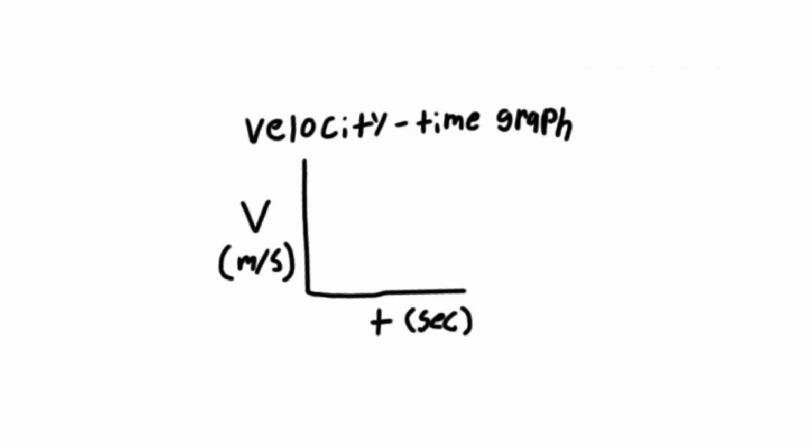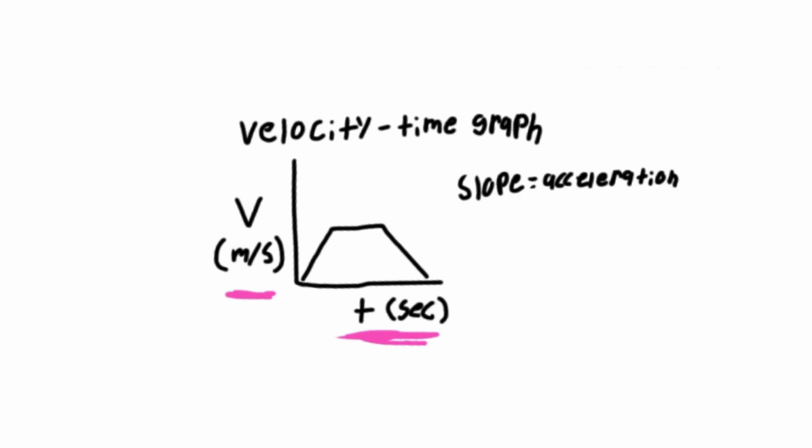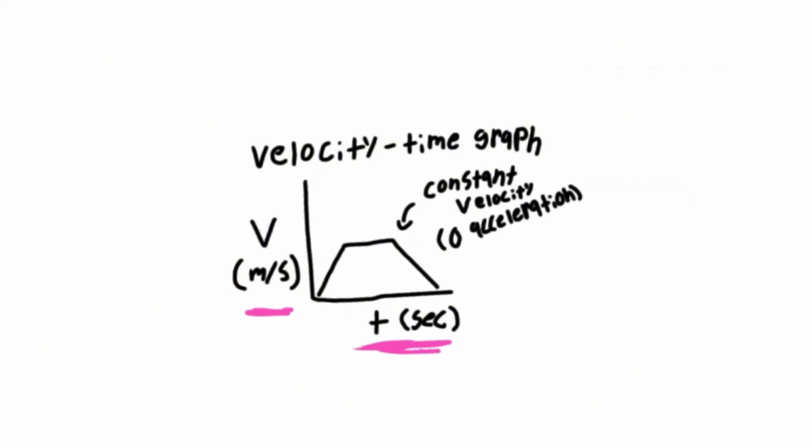Now let's talk about a velocity over time graph. So here the x-axis is still time and the y-axis here is velocity in meters per second. Now in these types of graphs, the slope tells you acceleration. So usually you'll see them like this, and once again the slope is the acceleration. So that flat line that the arrow is pointed to represents constant velocity, which means we have velocity but zero acceleration.